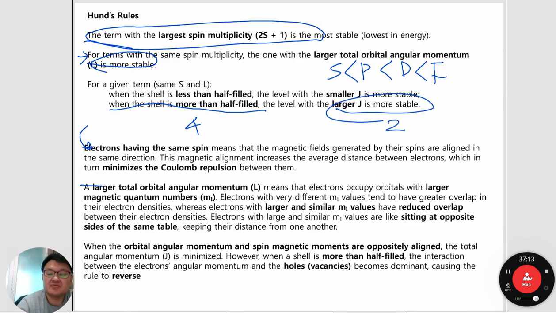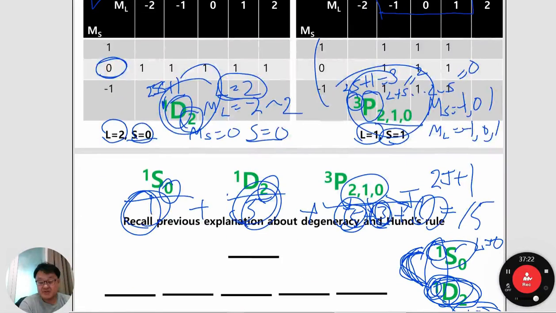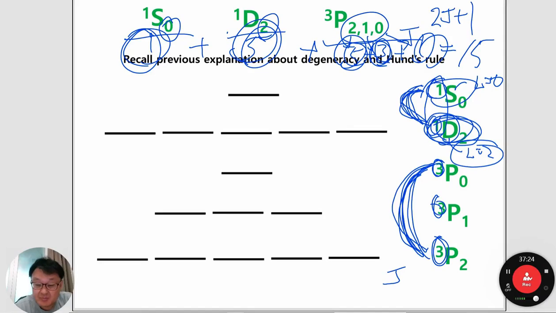So 2 is more stable than 1, 1 is more stable than 0 energetically. So we come to the conclusion that 2 is the most stable one, the next stable one is 1, and the least stable one among these 3 P term symbol energy levels is 3P0.